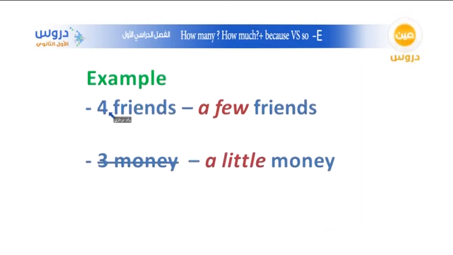For example, 4 friends, a few friends. 4 friends means a few friends. Why using few? Because it's counted. You can count the number. Whereas a little money, it's an uncountable noun. Money is an uncountable noun.